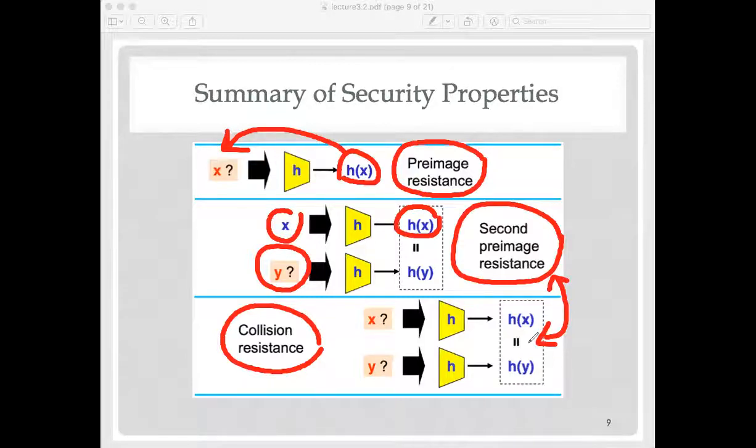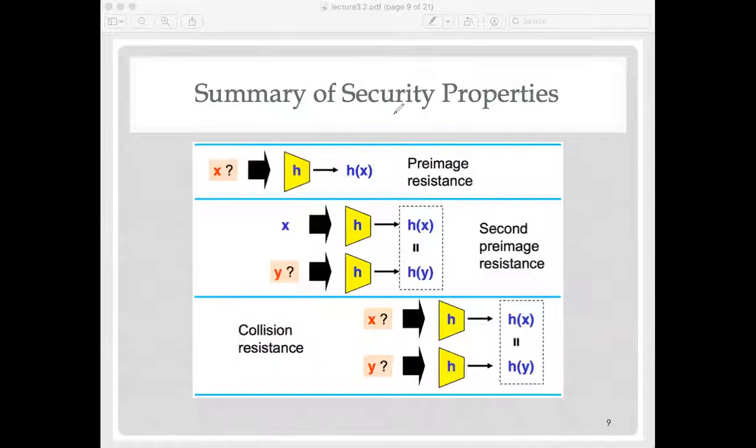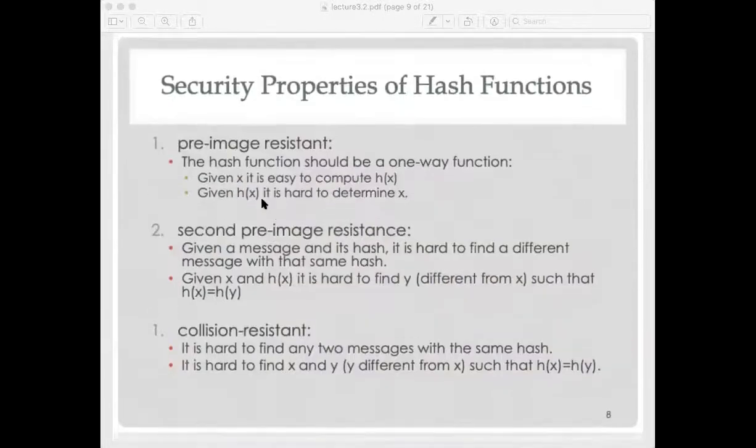You could find any x and any y, and they have the same hash. And it should be computationally infeasible to find this unless you do a brute force, and we'll talk about the brute force size in the next couple of slides.